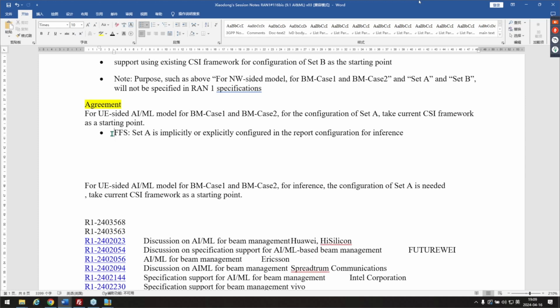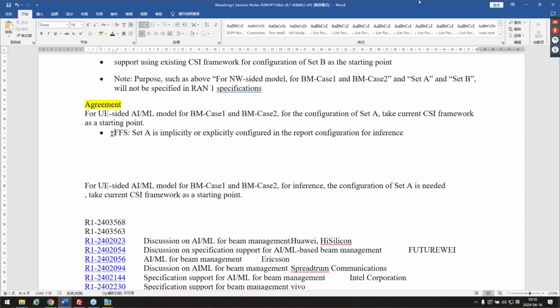To our understanding, set A or set B, we have to configure within a CSI report configuration if the network requires reporting of it. If the network doesn't require reporting, if it is just for data collection, the existing framework is not allowing it.